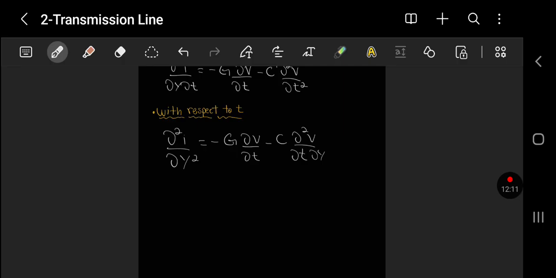But we are still a bit away from finishing finding the characteristic impedance. So that's it. Thank you for following along.